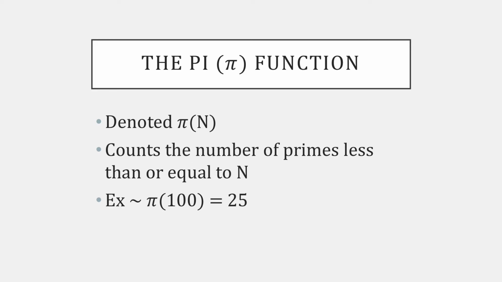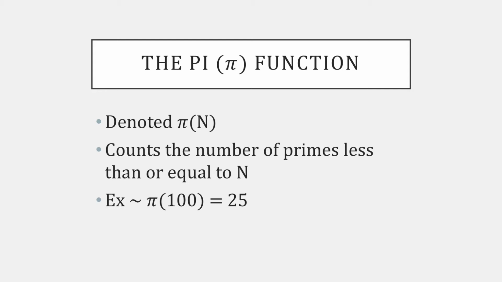Important to this discussion is the pi function, denoted pi of some variable n, which is a prime counting function. The pi function is similar to the phi function, the latter of which I discuss quite a bit on this channel, in that it's a counting function.